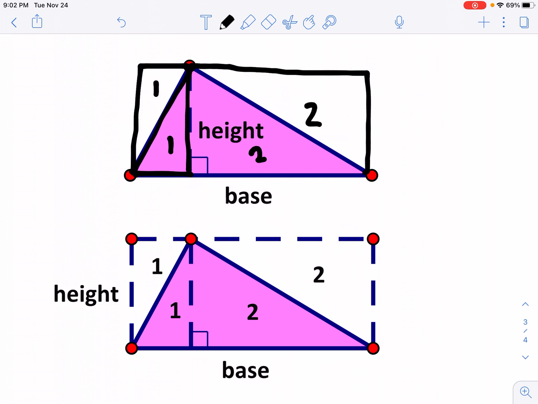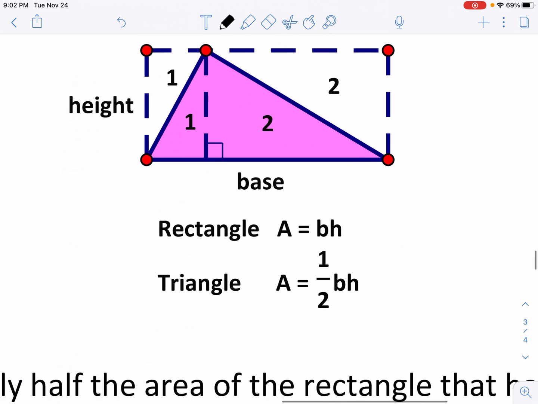So the total area of triangle 2 is now over here, and we have twice the total area that we had before. But notice what we create here is a rectangle. Well, the area of a rectangle is base times height. Well, notice we doubled the area of 1. We duplicated that area, so now we have double that area of 1, and now we have double that area of 2. So in the original figure, we had half of that total. Okay, so we had half of that total.